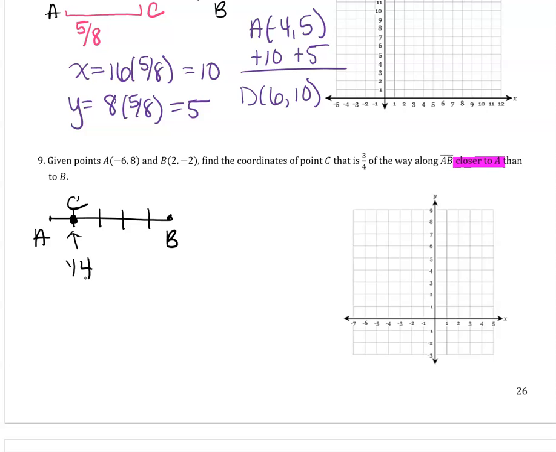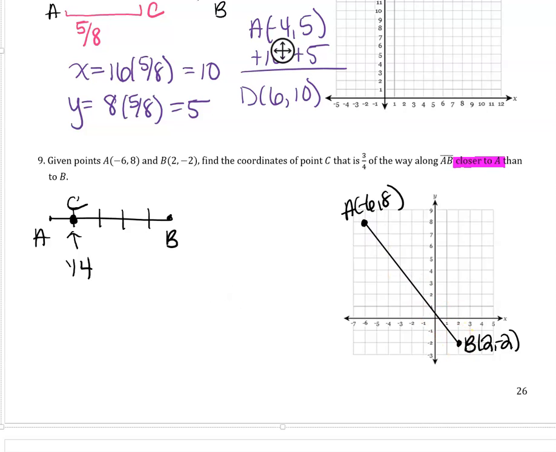Okay, so A has the coordinate -6, 8. B has the coordinate 2, negative 2. Okay, I'm going to create that triangle to help me figure out how my x's changed and how my y's changed. Ooh, that was a pretty straight line.